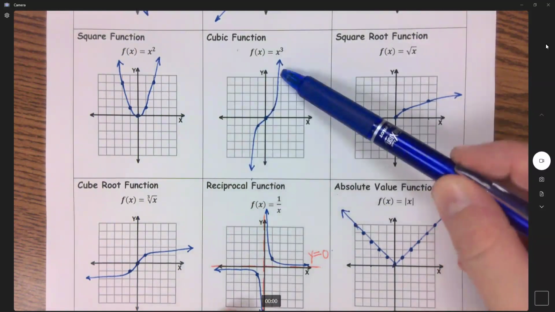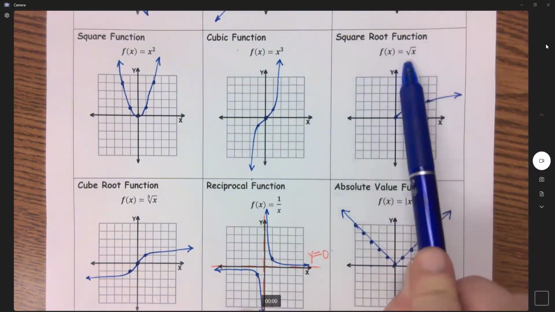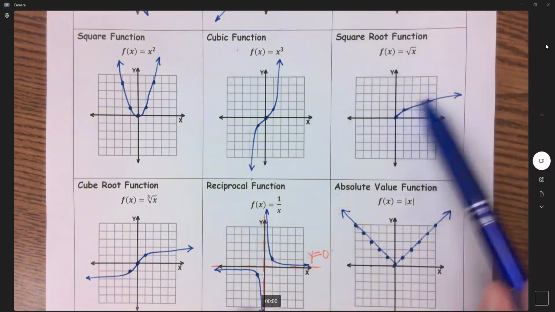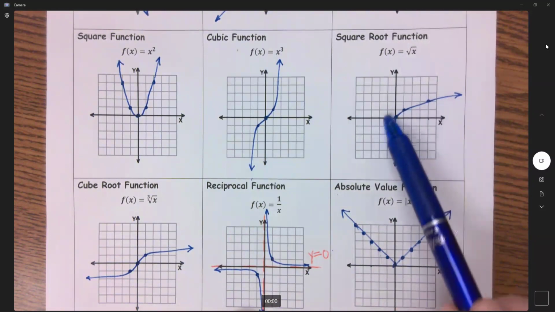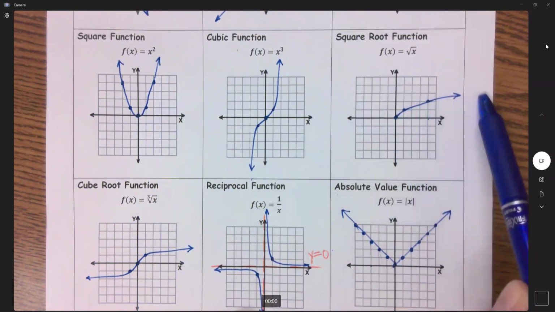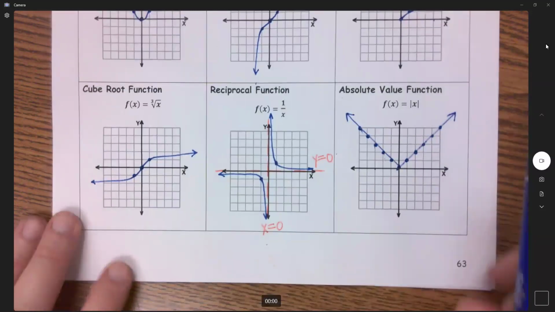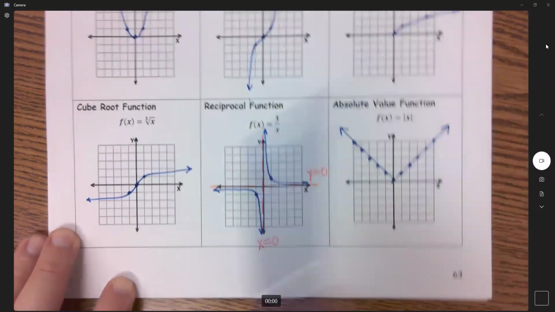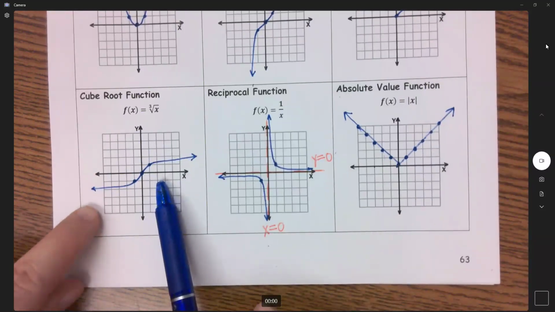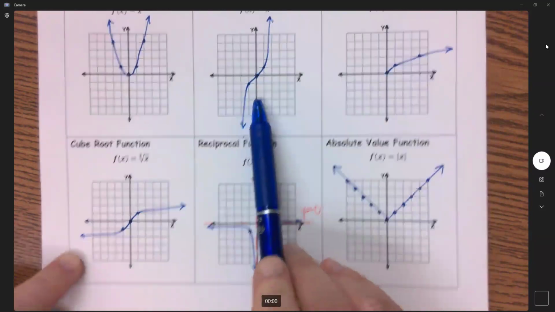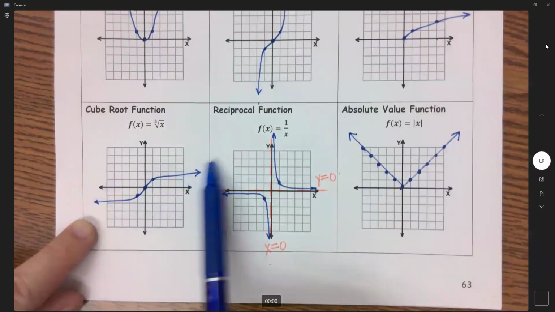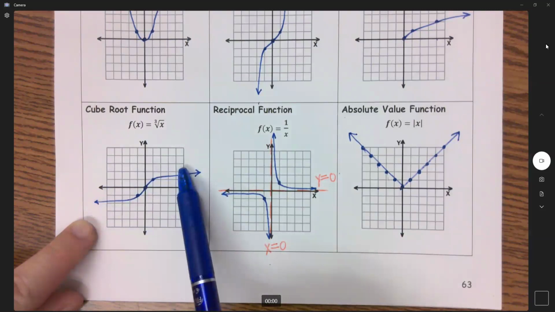Your square root function, or the square root of x, I call your eyebrow function. It has a starting point and then keeps going infinitely in only one direction, right? Then your cubic root looks like this one, but over here on the side, and it's definitely more S-like.